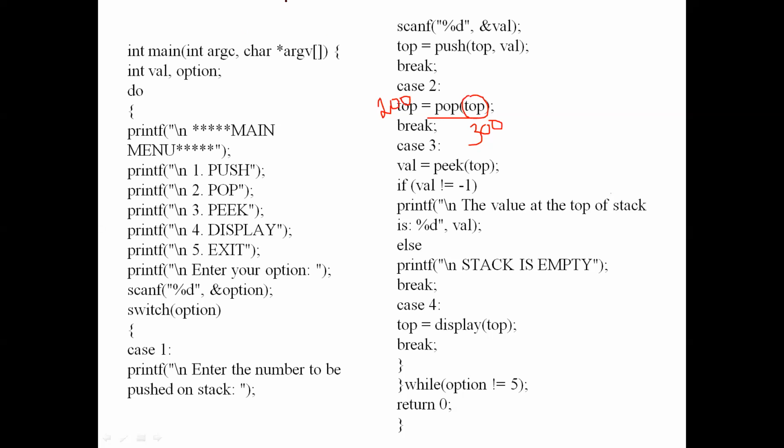And if case 3, it is peek. Peek prints the top element, so it is assigned to value. I'll fetch the top element, which I know is an integer, whether 30, 20 or 50. That's why I'm assigning it to value. We'll go to the peek function once.